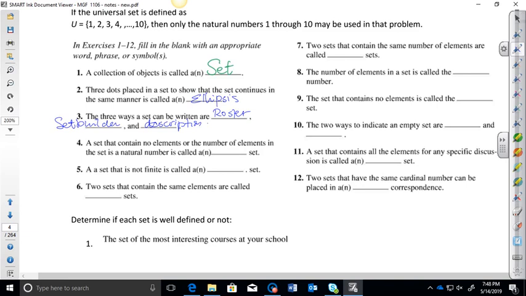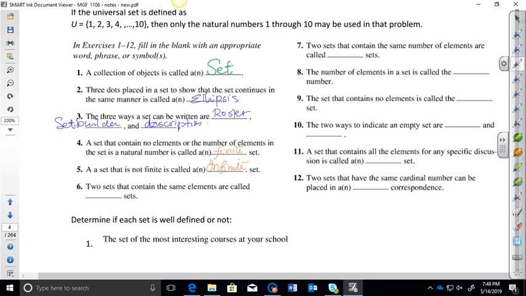A set that contains no element or the number of elements in a set is a natural number is called a finite set. If we can count them, that's a finite set. If it's not finite, it's called infinite. Infinite set. Finite set, infinite set.